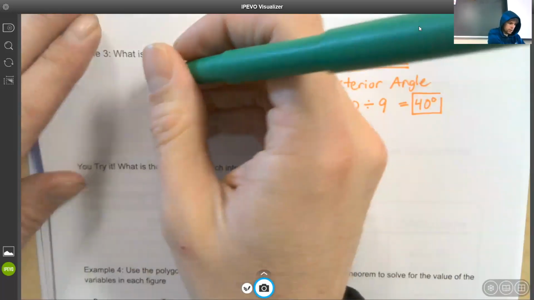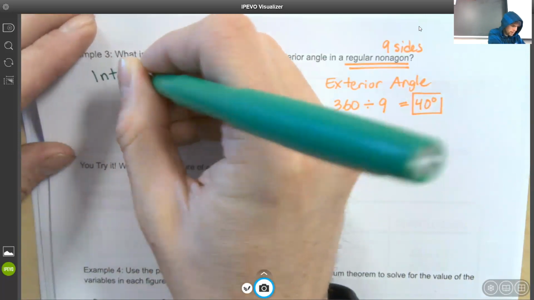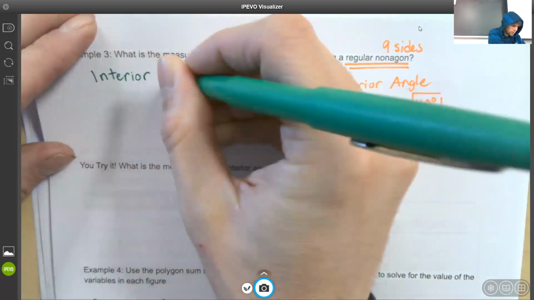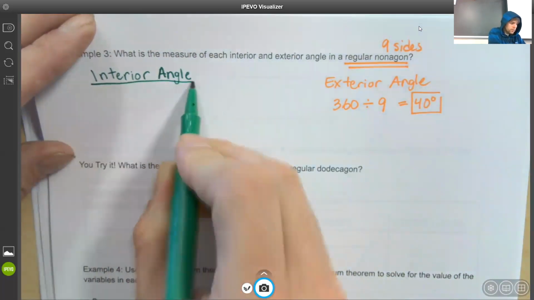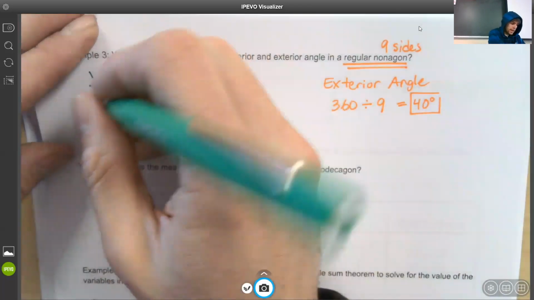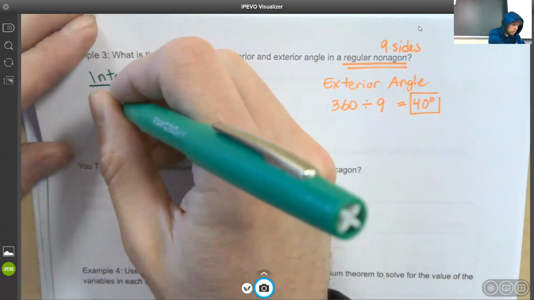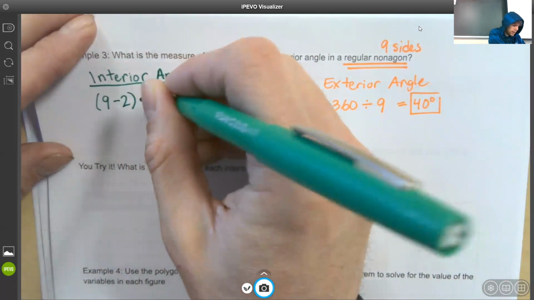Then let's go ahead and calculate the interior angle. Some of you might be shouting at me right now, like, you already know it. I do, but we're going to go through it. So we're dealing with a regular nonagon. So we know that the angles will all add up to 9 minus 2 times 180.